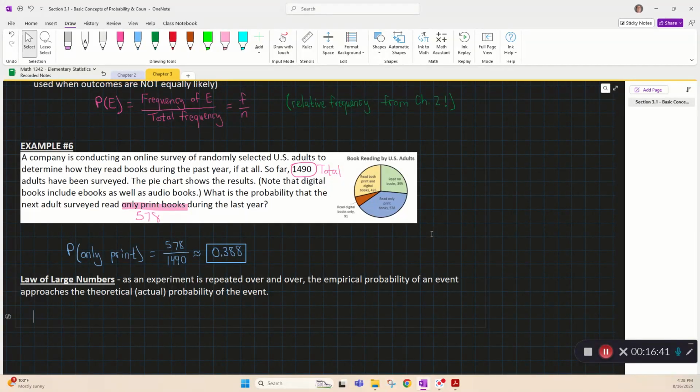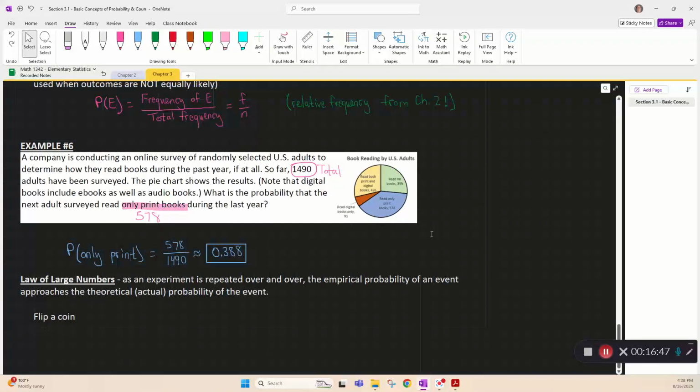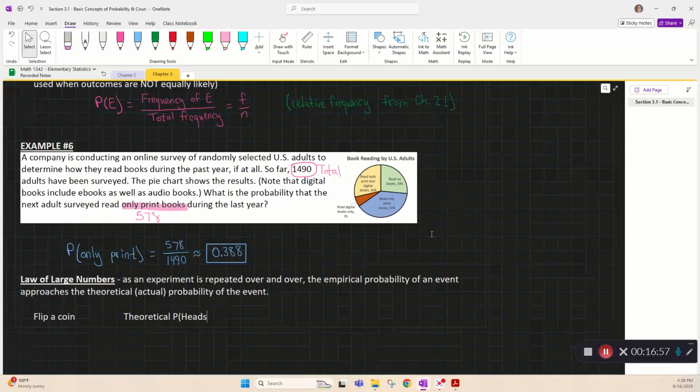Okay, so let's say we're flipping a coin. Well, what is our theoretical probability of getting a heads? Well, it's only 1/2.